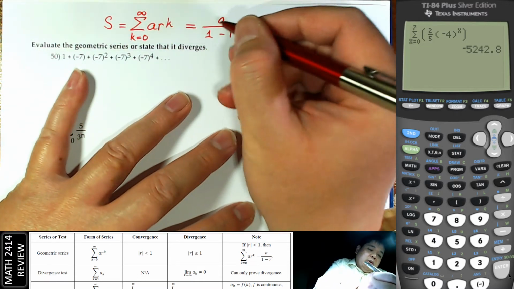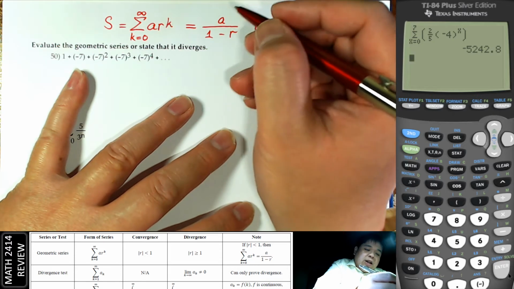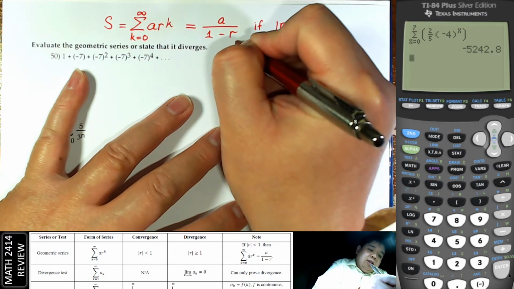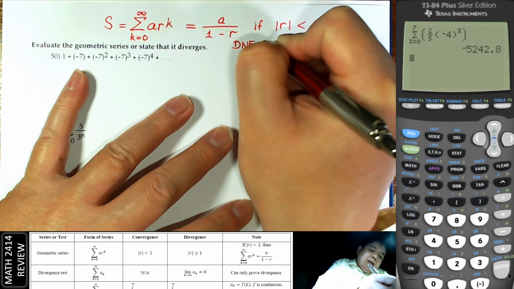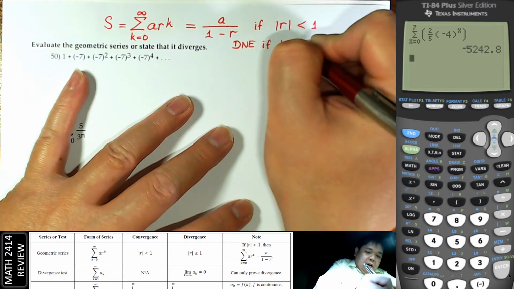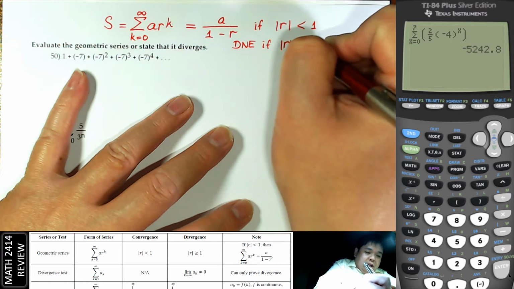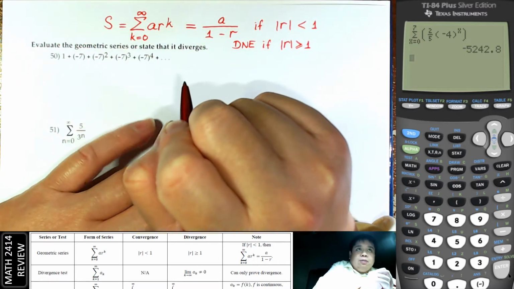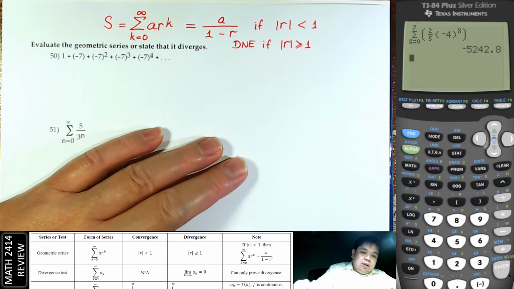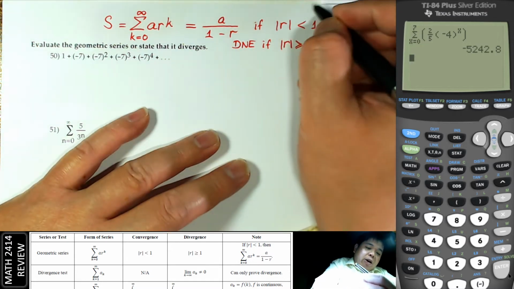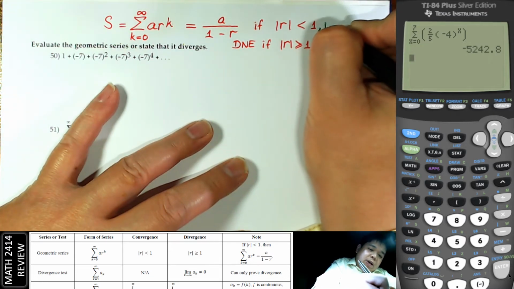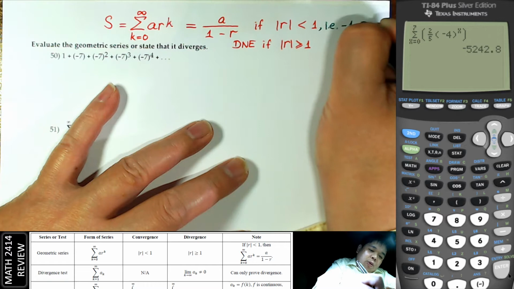And it will be equal to does not exist if the absolute value of r is greater than or equal to 1. Right. And of course, when the absolute value of r is less than 1, meaning that it is between negative 1 and 1.